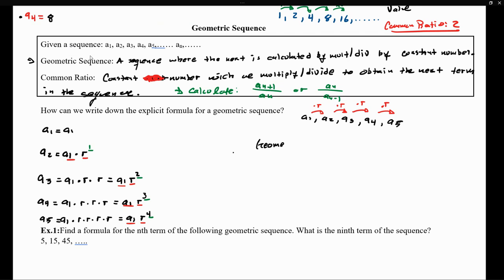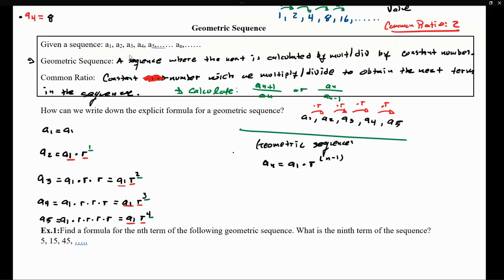So for any geometric sequence, we can say that any term is equivalent to the first term times r, and the value of the exponent is always going to be 1 less than the term. So if the term right now is n, then my exponent should be n minus 1.